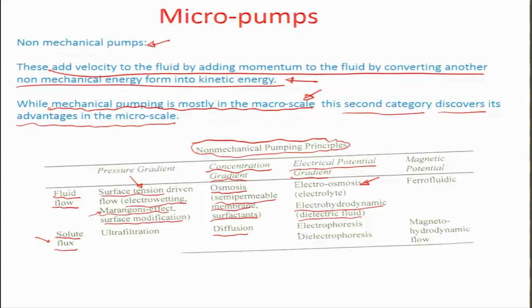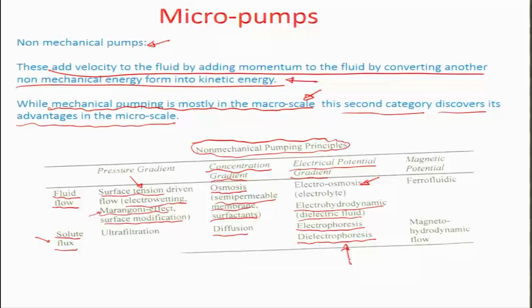There can be electrophoresis, where there are charged particles migrating within fluid flow, which are driven through an external field, and then finally dielectrophoresis, which is because of the change in the electrical permittivity of the medium with respect to, let us say, some particles or a second phase, for example a gas within a liquid, because of which there can be migration towards the lower electric field zones from the high electric field zone.